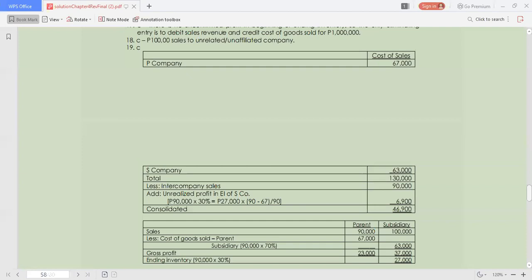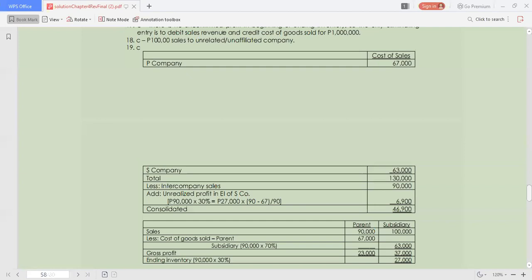But the unrealized profit was unrealized by the subsidiary, being the seller. So 90,000 is the transfer price of the goods sold to the parent. So we get 27,000, and 27,000 the unrealized profit based on the markup rate.